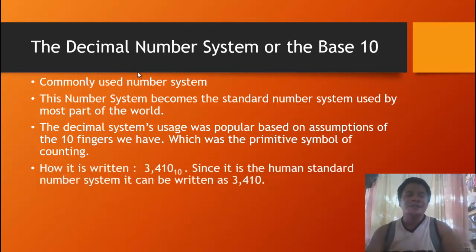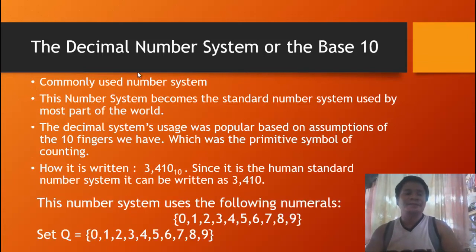How it is written: 3410 or 3410 base 10. Since it is the human standard number system, it can be written as 3410 without a base. The number system uses the following numerals: 0 to 9. Set Q has the elements 0 up to 9.